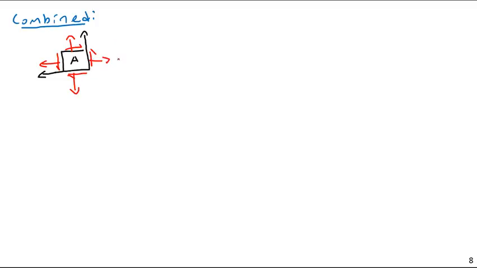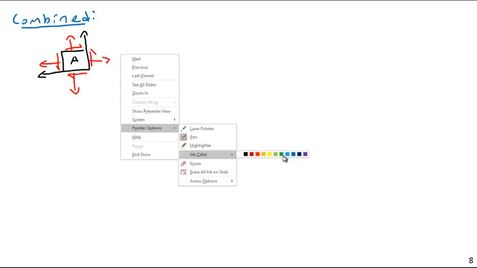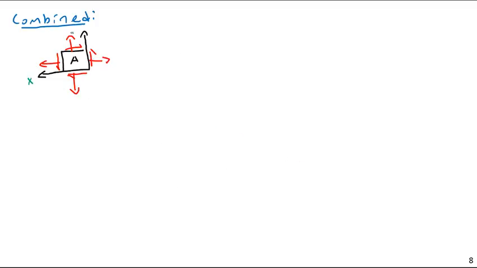Let me label the X and Y axes for clarity, X and Y. I'm going to have my X normal stress be equal to 52.5 megapascals. My Y is going to be equal to 105 megapascals, our hoop stress. And our shear is going to be equal to 20.8 megapascals, like so.